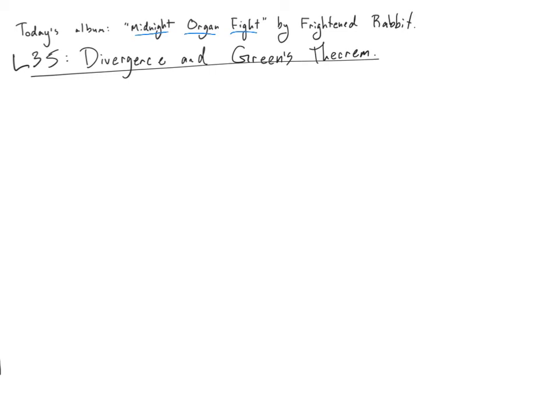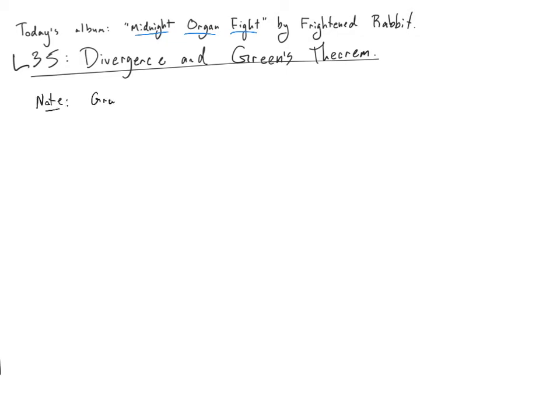Today we are talking about divergence and Green's theorem. Next week we're going to have another theorem called the divergence theorem, and they're not the same, and I just want to make a note of that now.